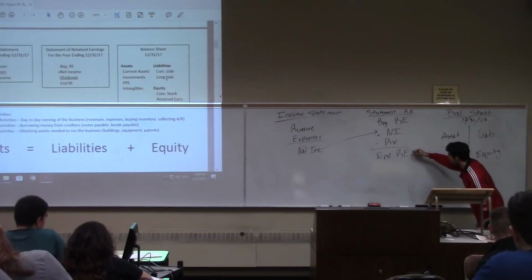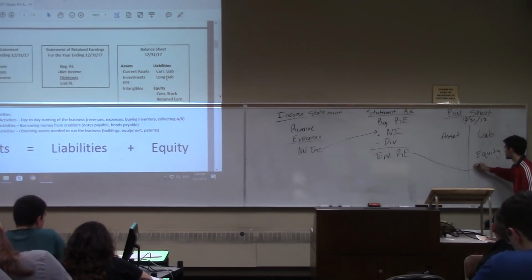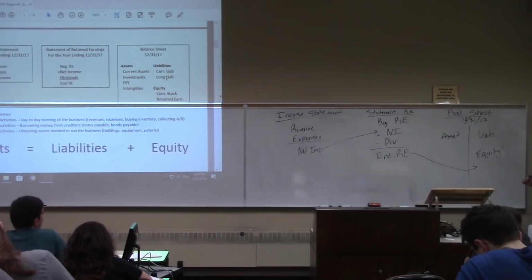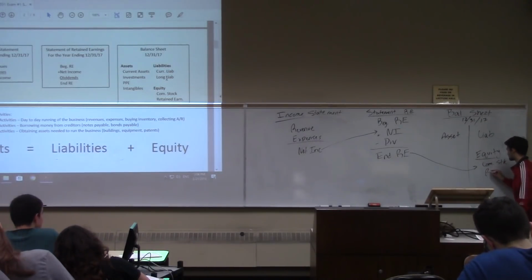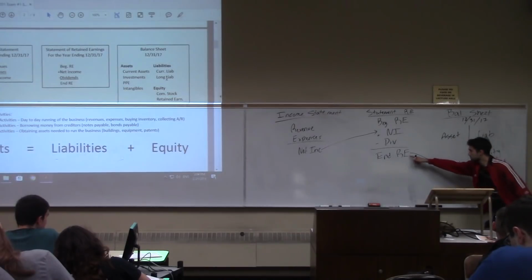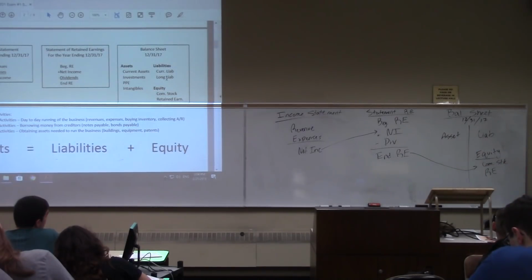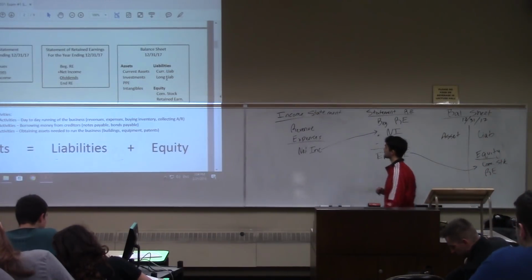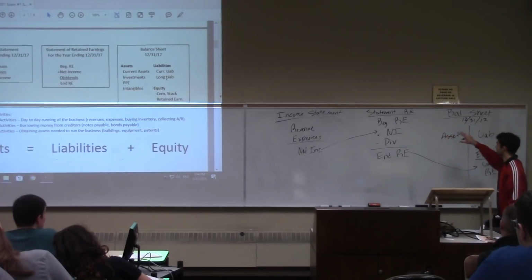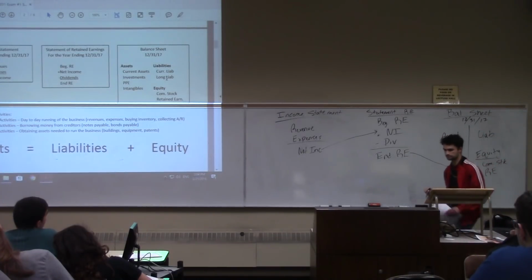In this balance sheet, we take our ending retained earnings and put them into our equity section. In equity, we've got common stock and retained earnings. That's where our ending retained earnings gets plugged in. So that's the flow of the financial statements: the income statement, the retained earnings, then the balance sheet.